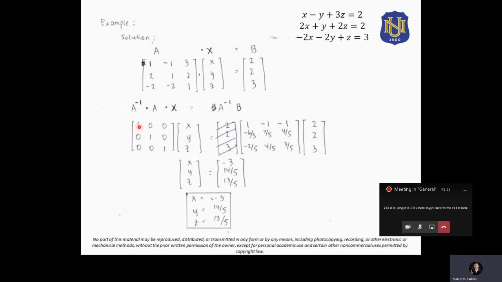So, yung identity matrix niya will be this way. Yan ay 3 by 3, since 3 by 3 yung coefficient matrix natin. Times yung X natin, which is yung x, y, and z. And it will be equal doon sa may inverse nung coefficient matrix natin. So, dito, na-solve na yung inverse nung coefficient matrix natin.